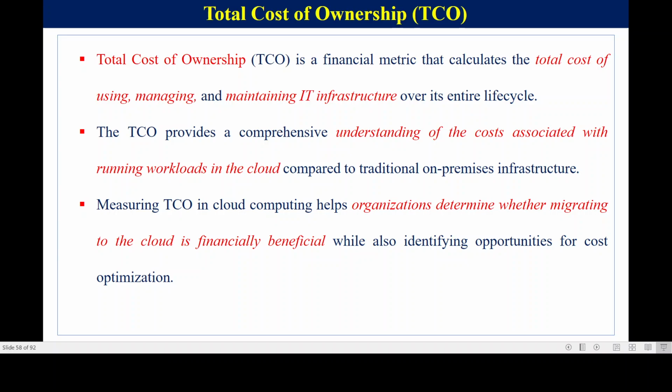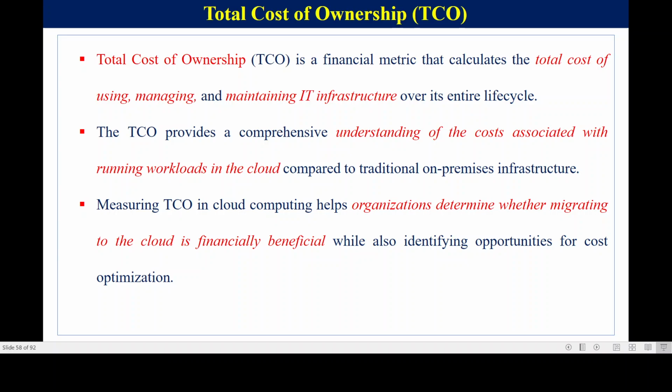What is total cost of ownership? That is TCO. Total cost of ownership is a financial metric that measures the total cost of purchasing, operating, maintaining, and managing IT infrastructure throughout its entire life cycle.